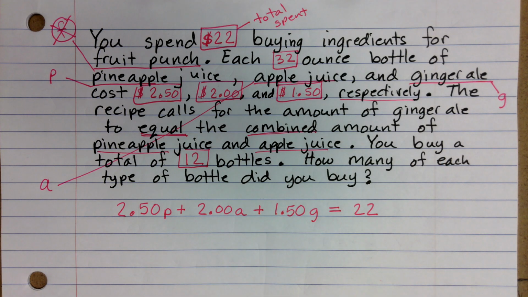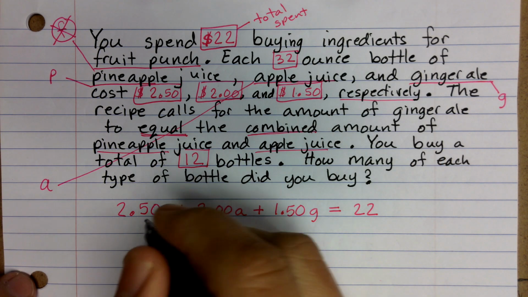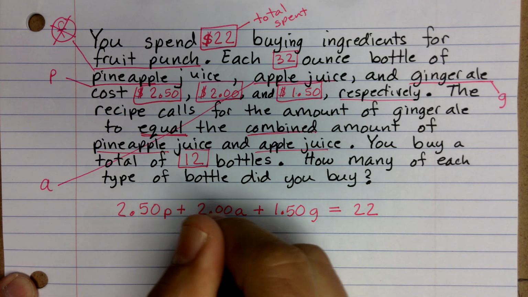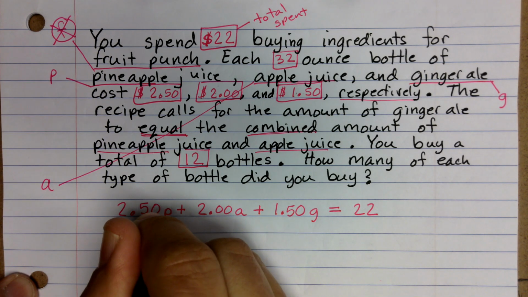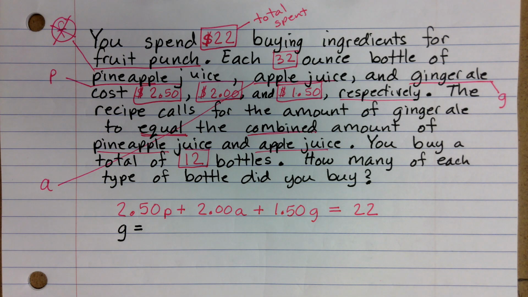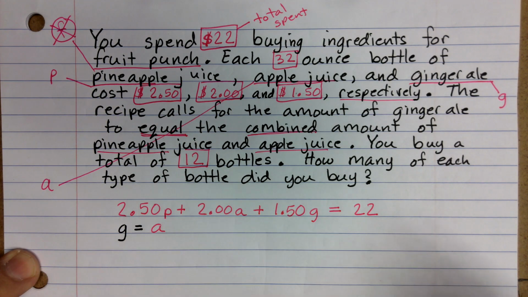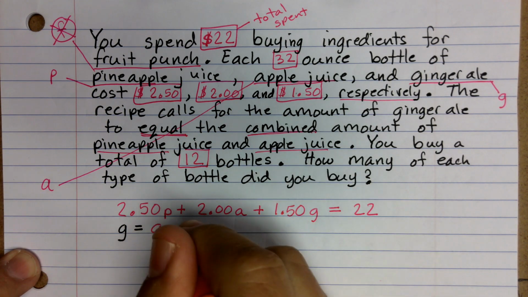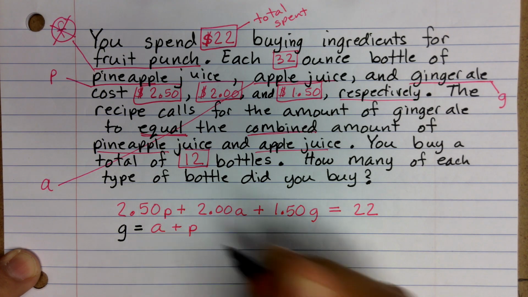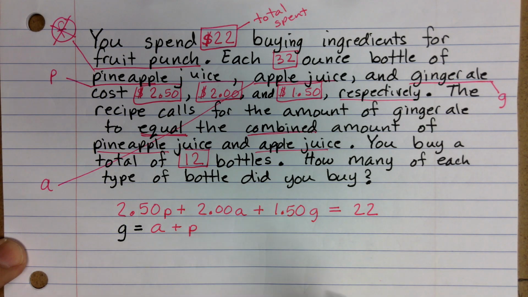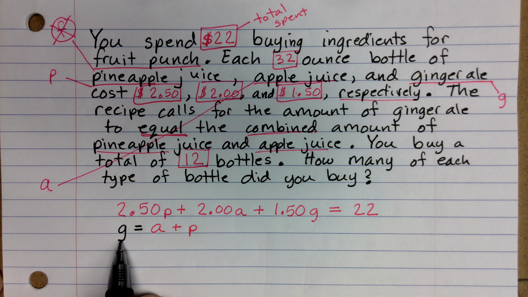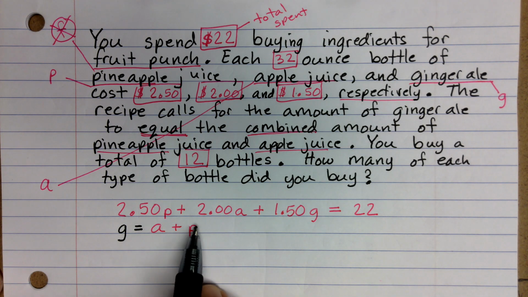So I'm going to put a G, is going to be equal to the apple juice plus the pineapple juice. So that's the second equation. Now they didn't give us any numbers, we just write the equation with the variables. Ginger ale is going to be equal to the amount of apple juice plus pineapple juice.